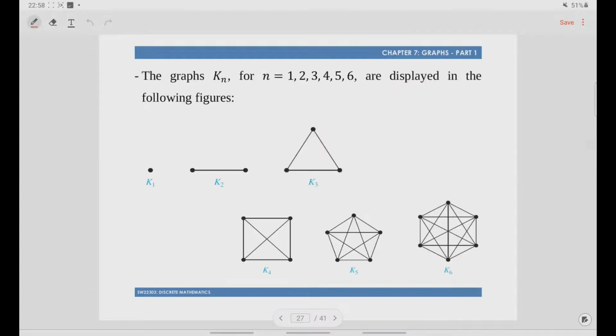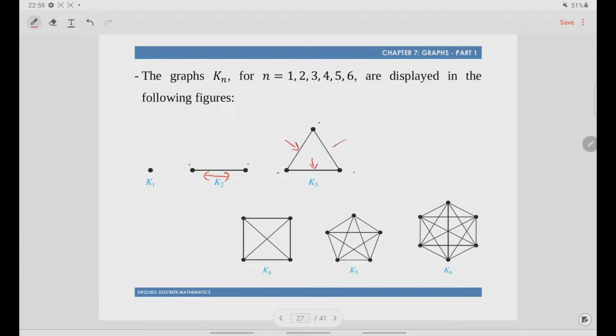I'll give you an example to illustrate the complete graph. Let's say n equals 1 up to 6, so we have 6 different complete graphs displayed in this figure. For K1, we only have a single vertex. For K2, we have 2 vertices connected by a single edge. For K3, we have 3 vertices, each pair connected by a single edge.